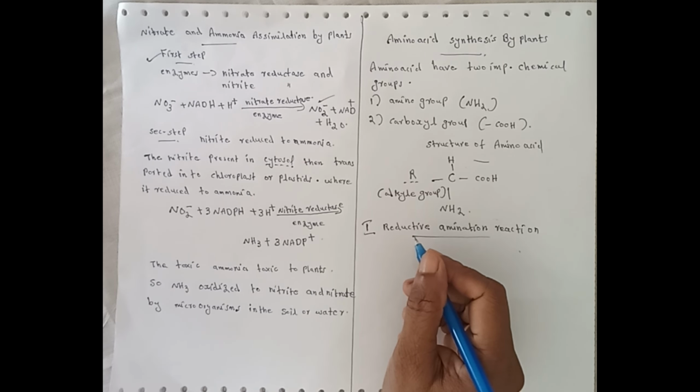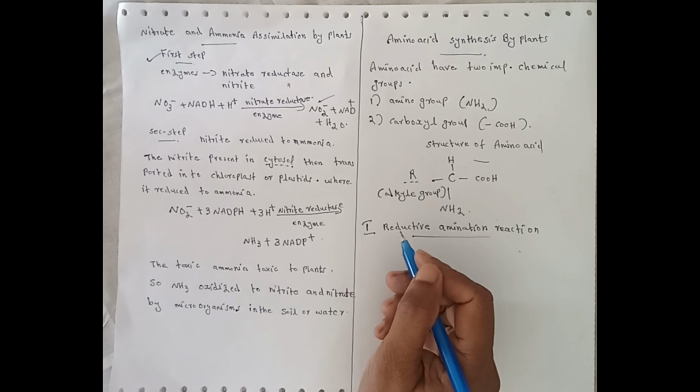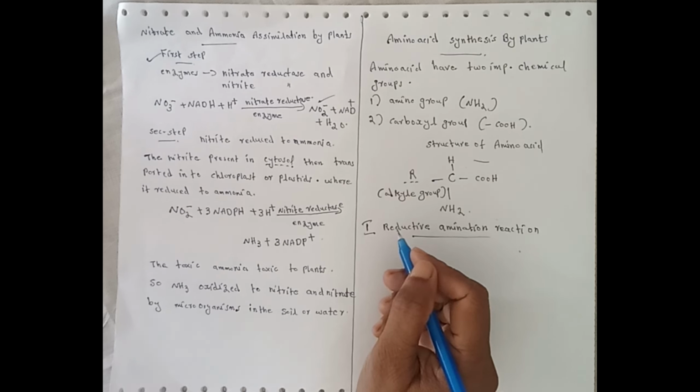The keto acid undergoes enzymatic reductive amination to produce an amino acid.